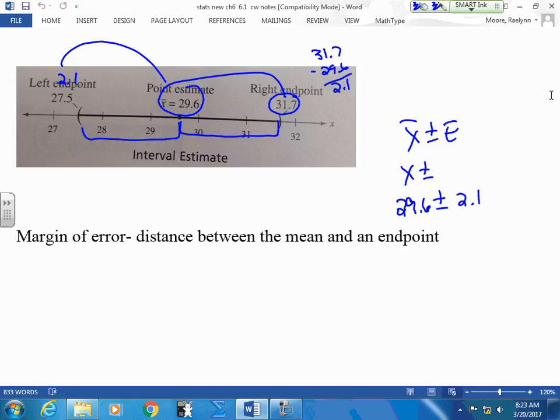So our goal for this unit is to build that interval and have a certain amount of confidence that my population will fall between there. We write this a number of ways. We can write it like this. We can actually make an interval like this. Or, and this is what your calculator is going to give you, or in reality, we can go like this.